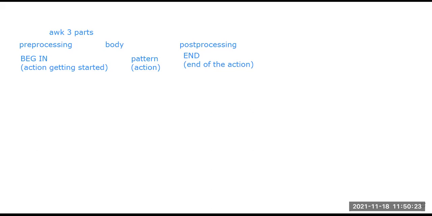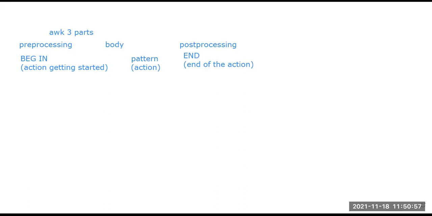In the BEGIN or pre-processing, it performs the processing that must be completed before the file processing starts. Before the AWK command starts to read the records from the input file, it performs some pre-processing work. Why does it do this?